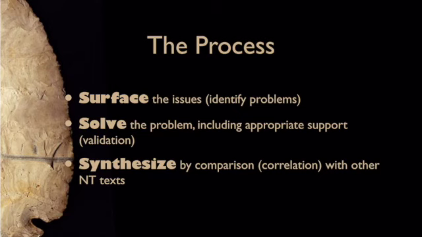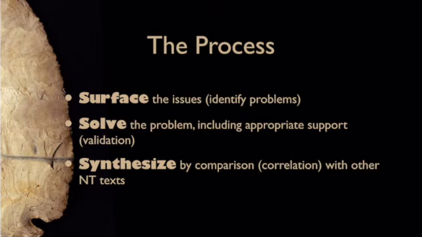So when we surface the issue, one of the things we want to do is articulate what's at stake with the problem. If we take view 1, this will be what's at stake. This is what that text will mean. If we take view 2, this is what the text means. And so we want to surface the problem.